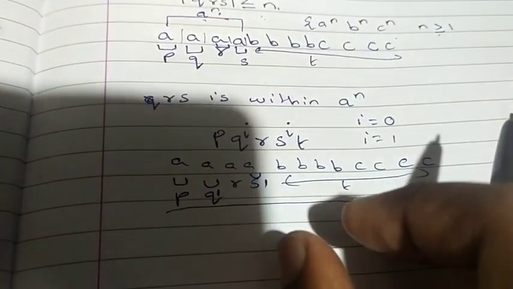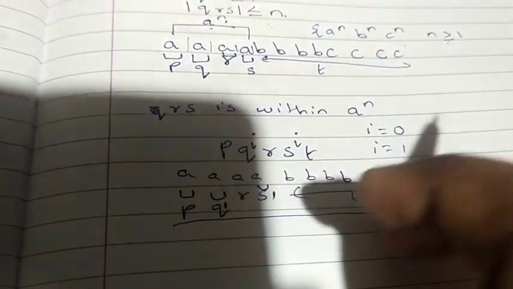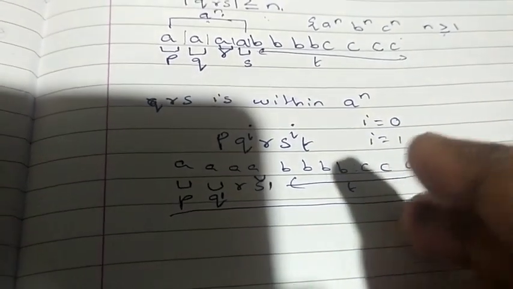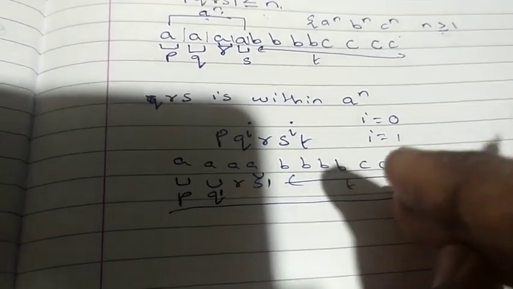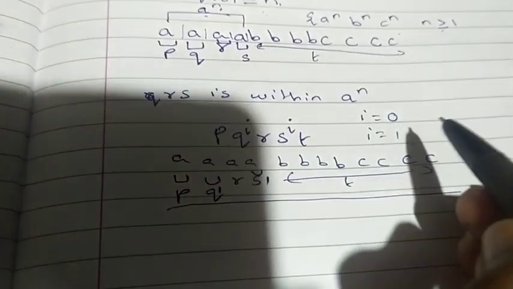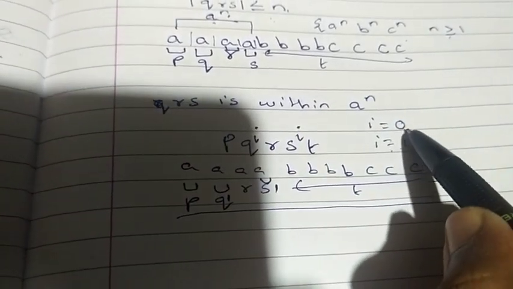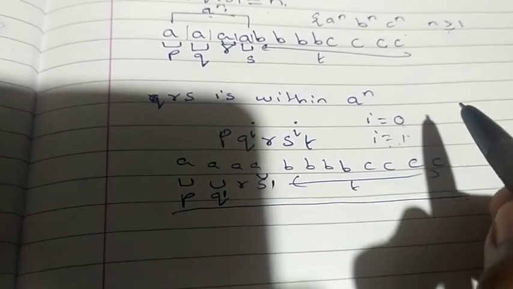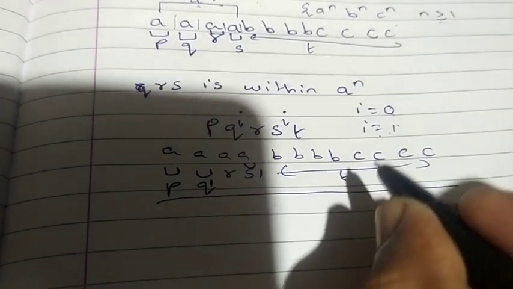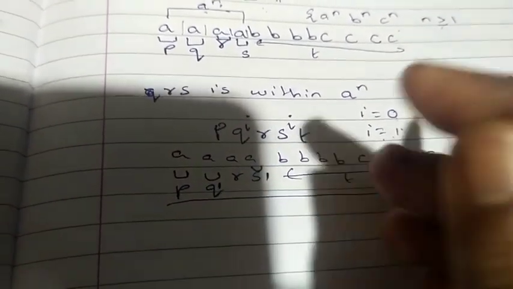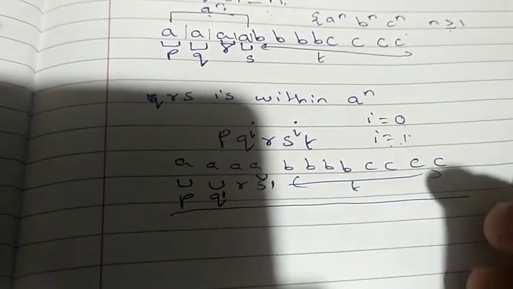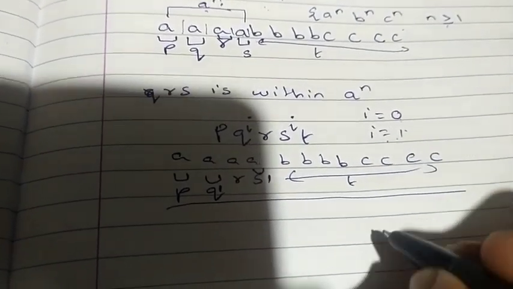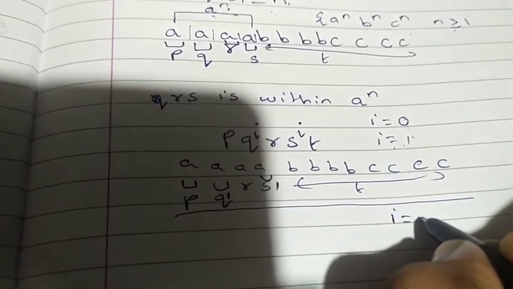So our assumption turns out right, and we don't want this. What we want is for our assumption to fail. So we need to take a number so that our assumption might fail. If we take i equal to 1, our assumption is correct, so we don't want this. So we take i equal to 0.